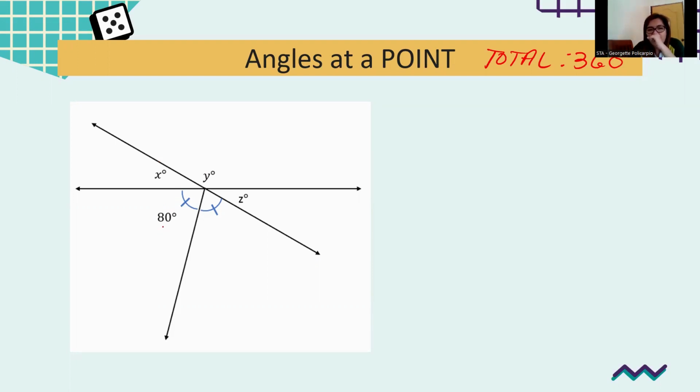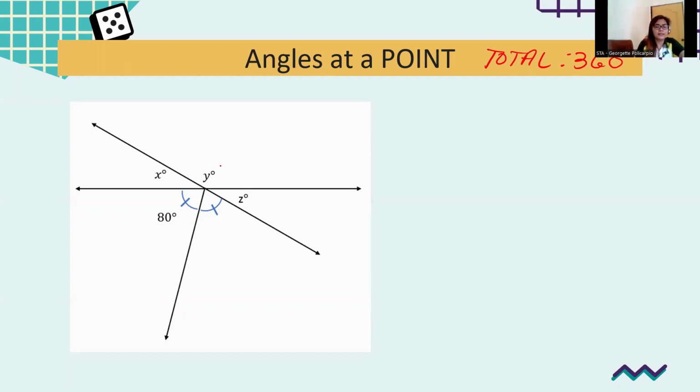Kasi baka mamaya mag-protractor kayo tapos yun pala, let us assume lang pala yung 80 degrees na yun. So pwede mo siyang masolve ng walang protractor basta may given naman po. Kompleto yung given, hindi lang po siya halata.